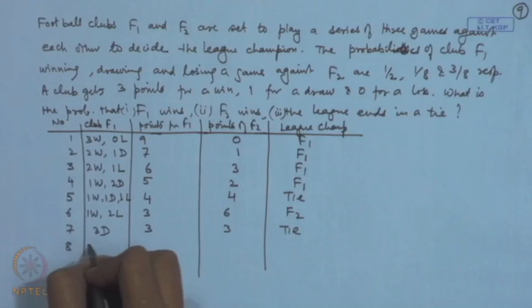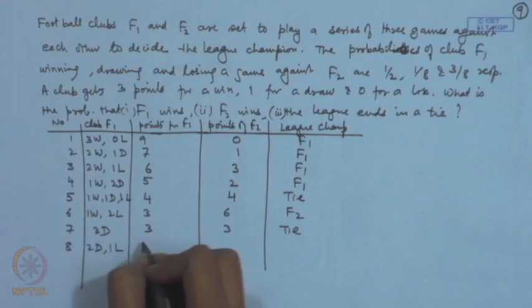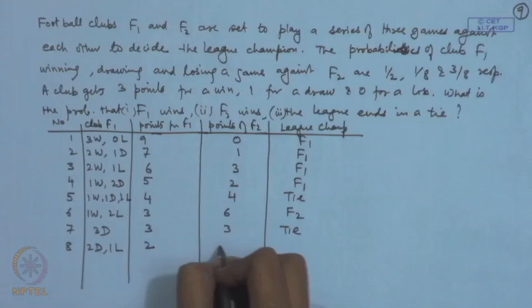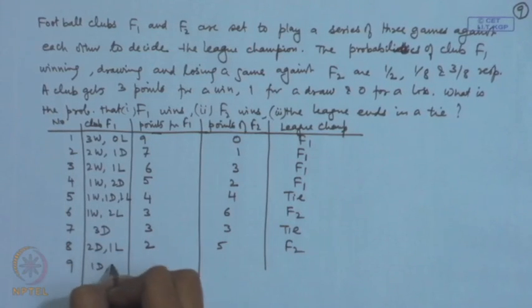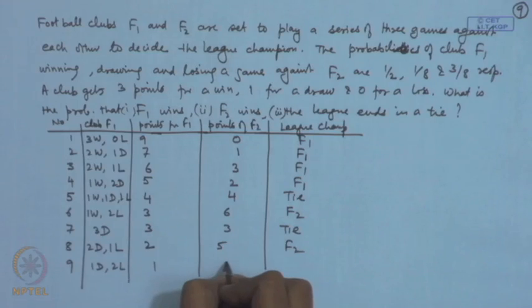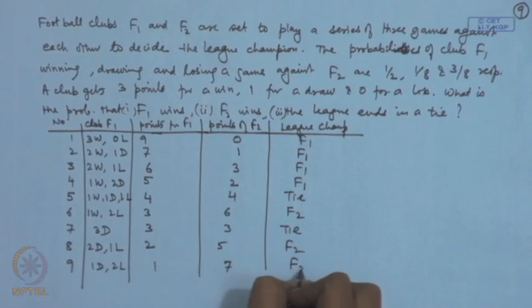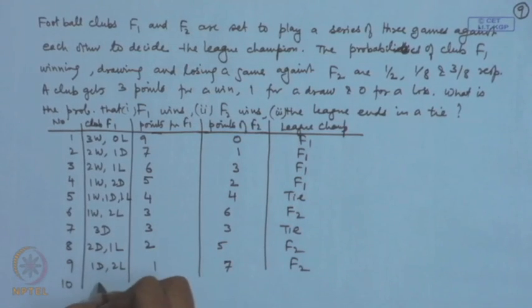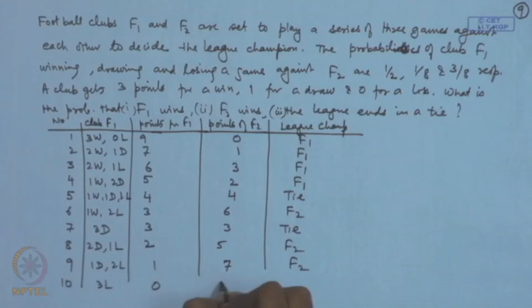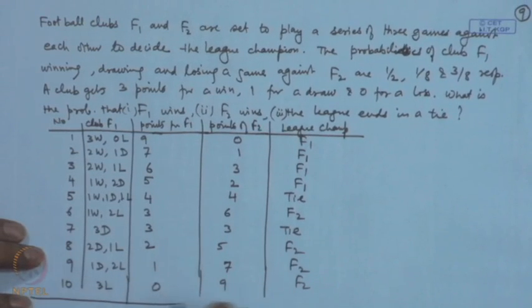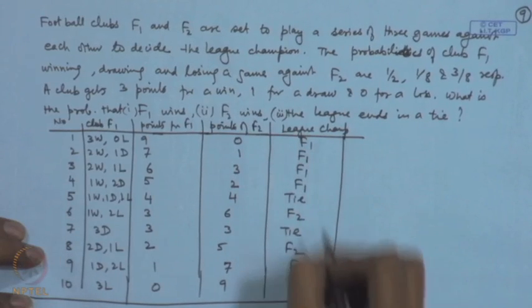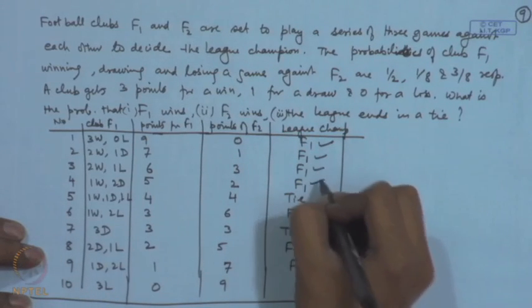2 draws, 1 loss, 2, 5, F2. 1 draw, 2 losses, 1, 7, F2. 3 losses, 0, 9, F2. So, what are the possibilities for F1 winning the league? For F1 winning the league, you have these cases.